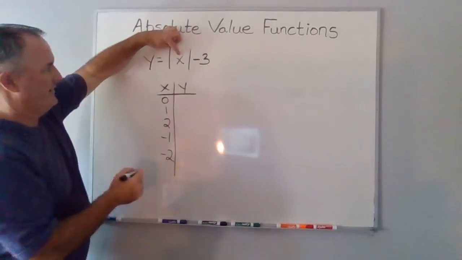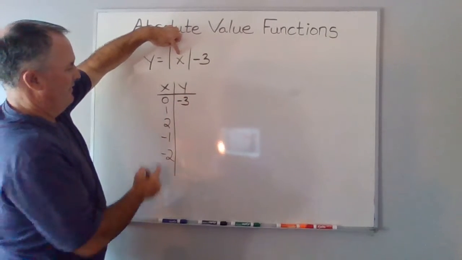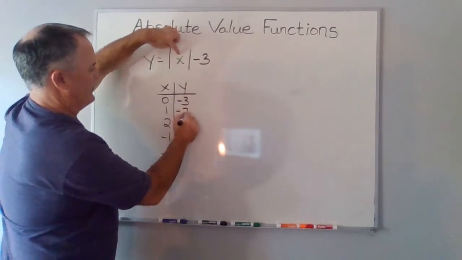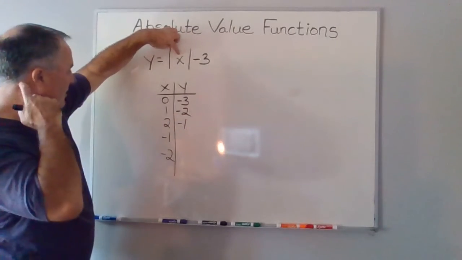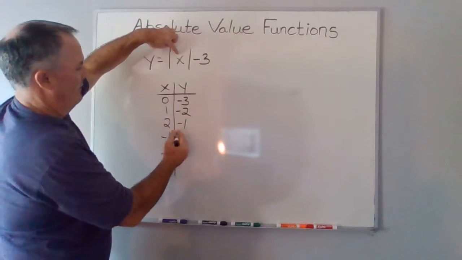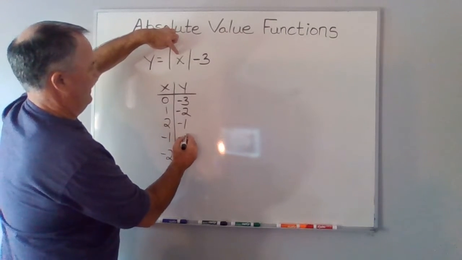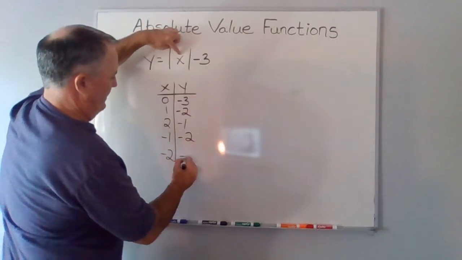And we plug this in. 0 gives me a -3. If I plug in 1, I get a -2. Plug in 2, I get a -1 overall. Plug in -1, I'm still going to get a -2. If I plug in -2, I get a -1.